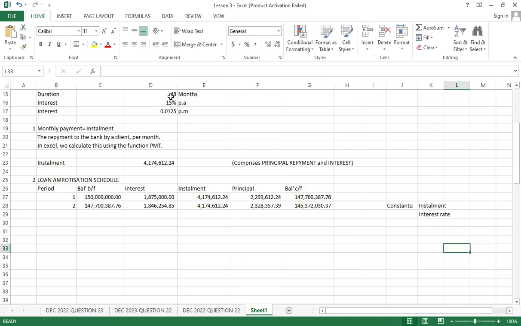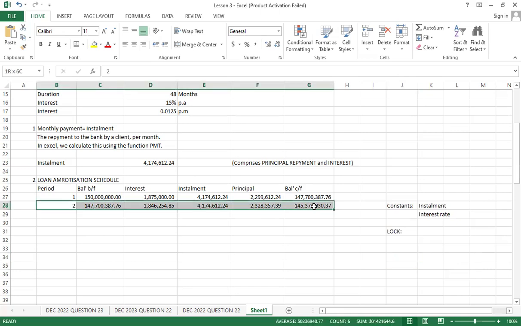Now, we have always said that whenever you have constants in a formula, you lock them. And how did we say that we lock a cell? Let's start with the installment, and you lock it in period 2.